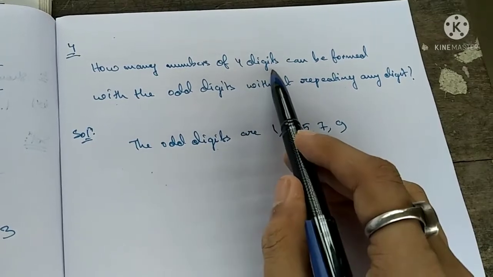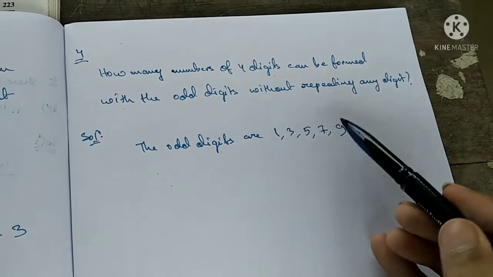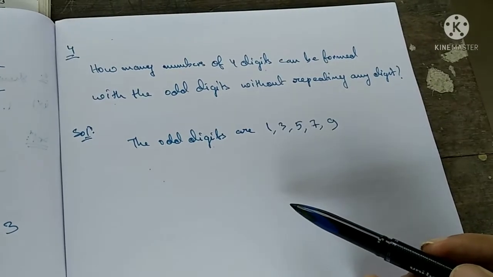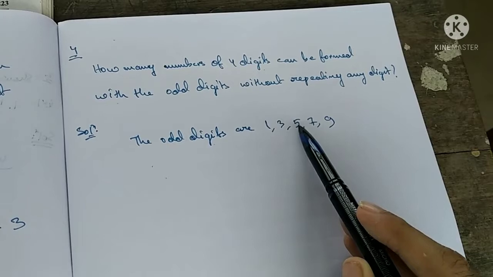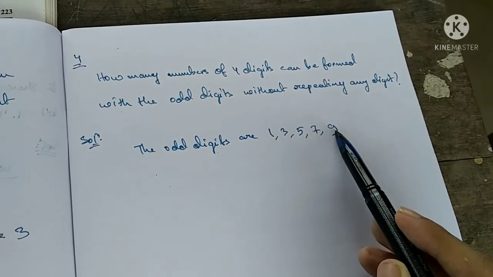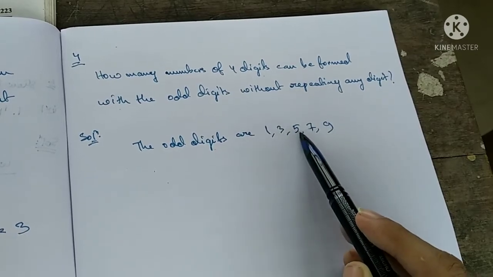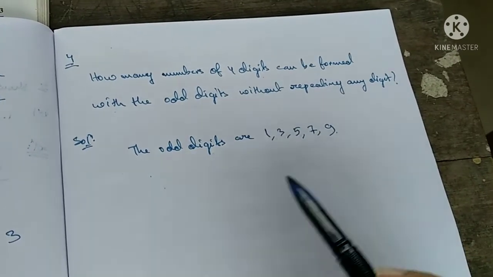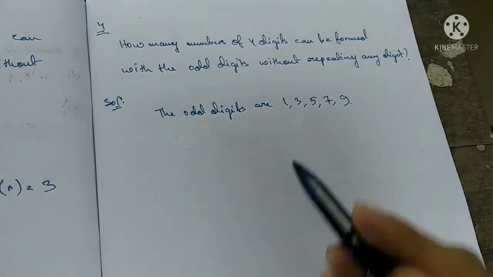Remember, I am making a 4-digit number. So out of these 5 available digits, I will take 4 digits at a time. I can take 1, 3, 7, 9, or I can take 1, 5, 3, 9, like that. Understand? 4 digits I will take at a time.